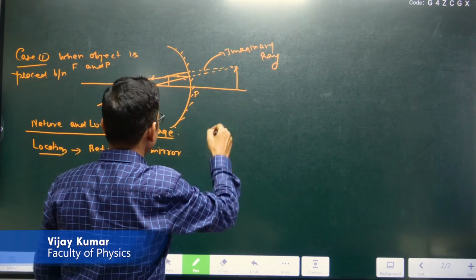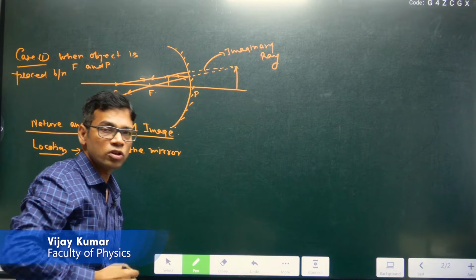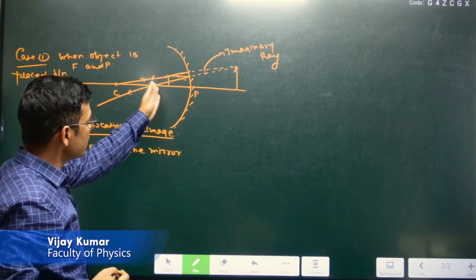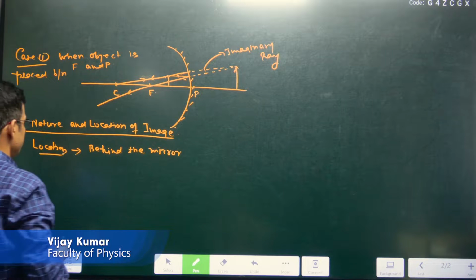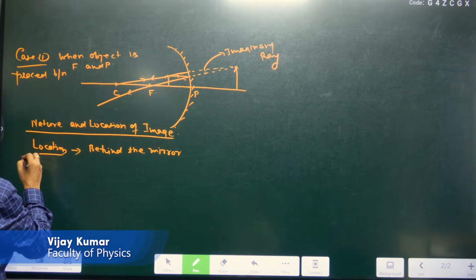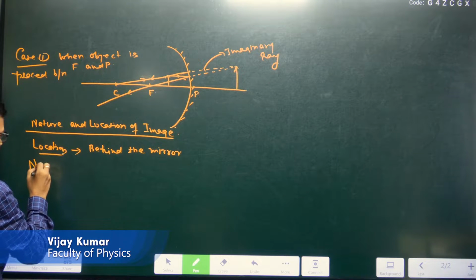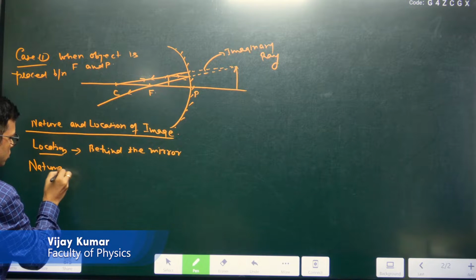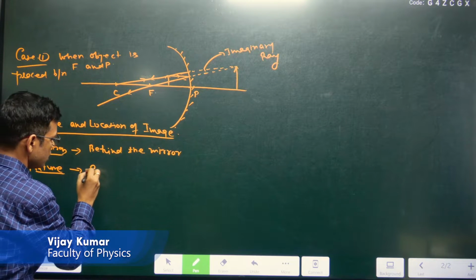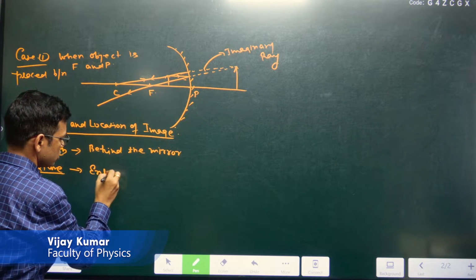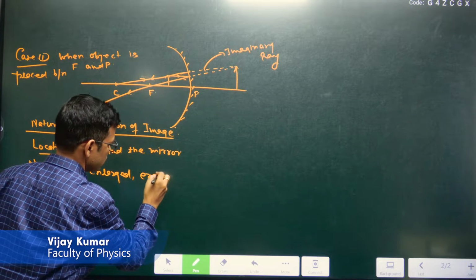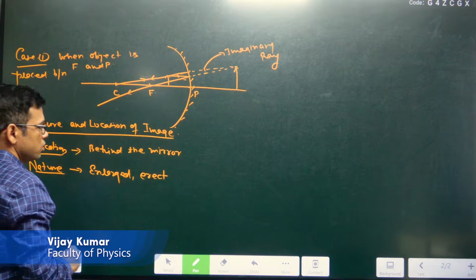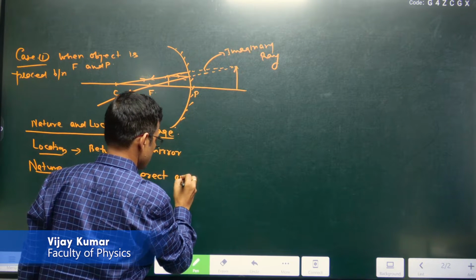As the length of the image is larger compared to the object, we can say the image is enlarged. Image will be enlarged, erect, and virtual.